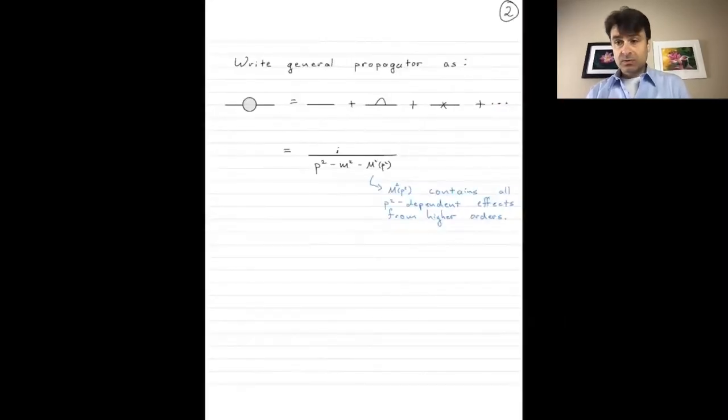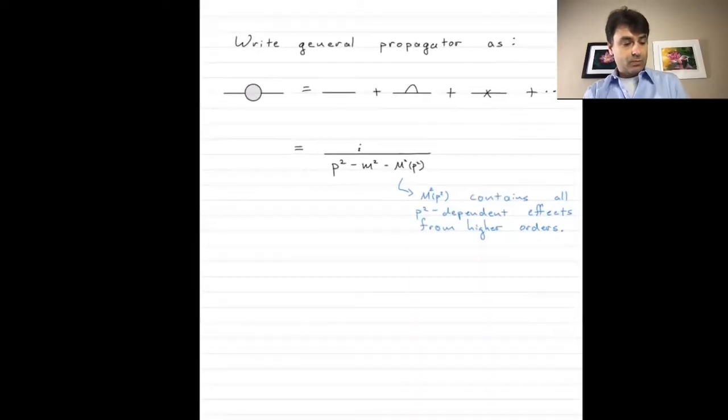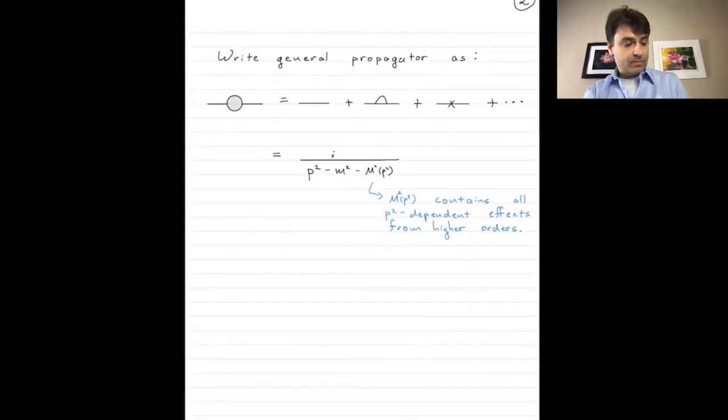So let's go through the steps for this phi cube theory, this simple scalar theory. And what I want to do is start by taking that propagator, that general propagator, and let's imagine writing it in a perturbation theory expansion, the way we would normally do it.